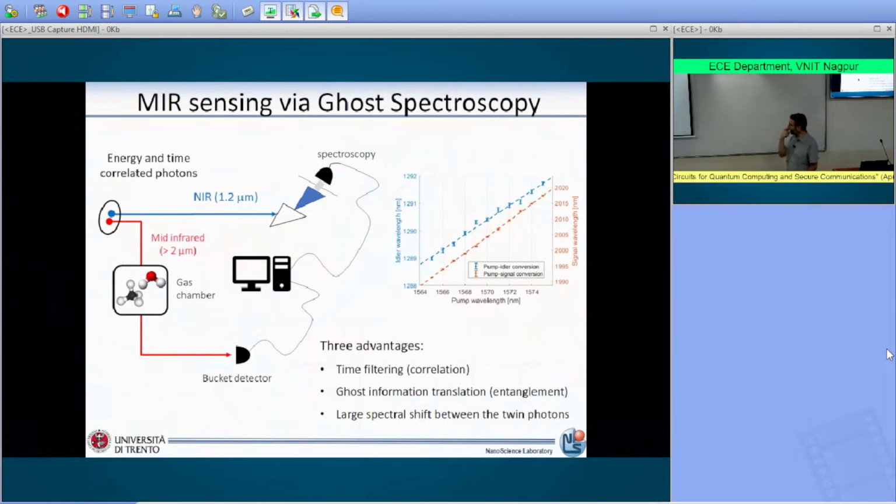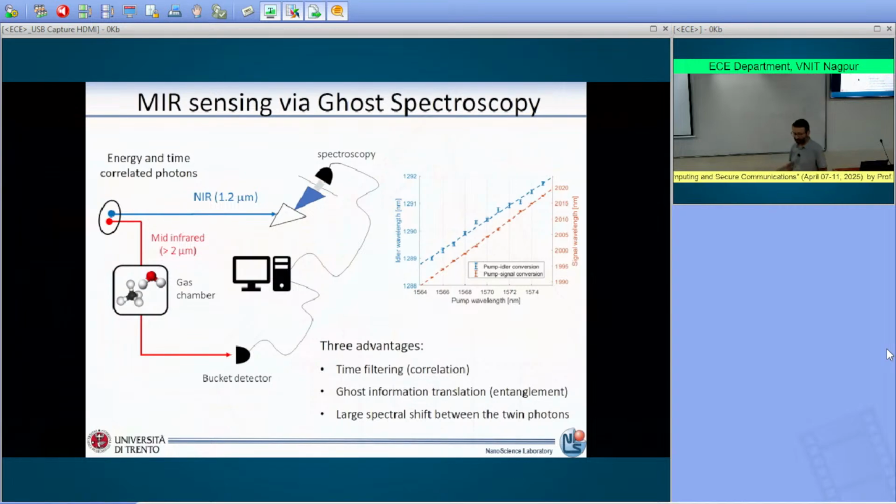So in this way, essentially, you need a standard, low-cost bucket detector on this side of the spectrum, while you need a very high-quality system, able to do a spectroscopy measurement, so a dispersive element, as well as count very accurately, on this other side of the spectrum.